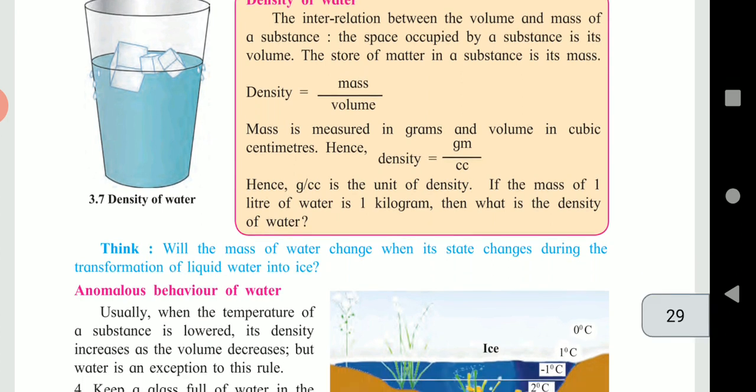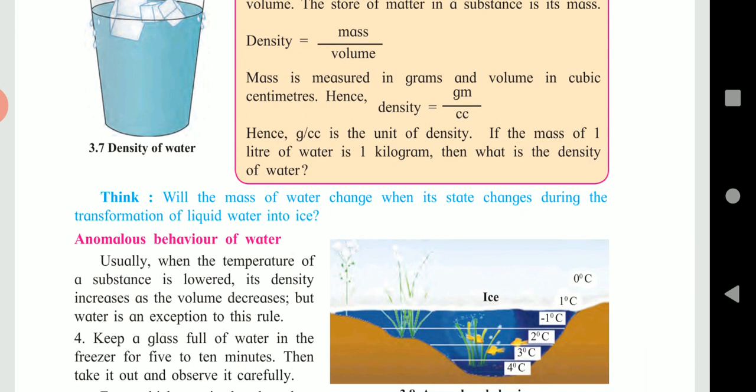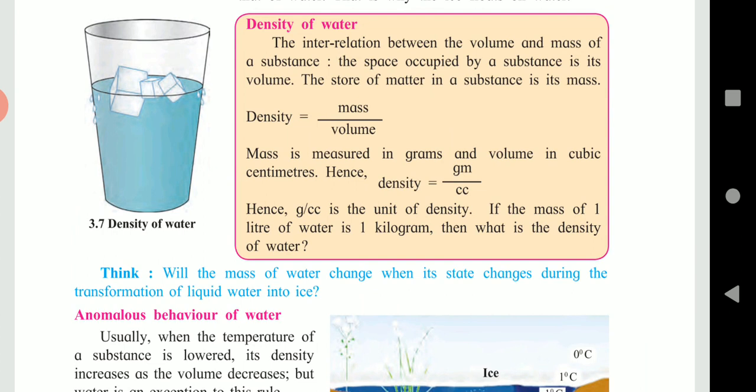Here the mass given is 1 kilogram, and the volume given is 1 liter. First do the conversion of 1 kilogram to gram. Tell me, 1 kilogram is equal to how many gram? Correct, it is 1000 gram. Now write 1 kilogram is equal to 1000 gram.